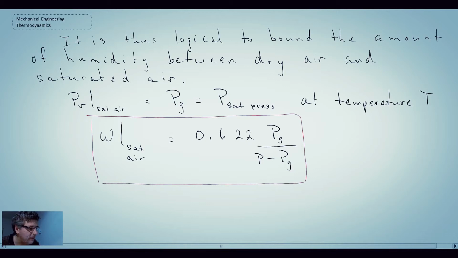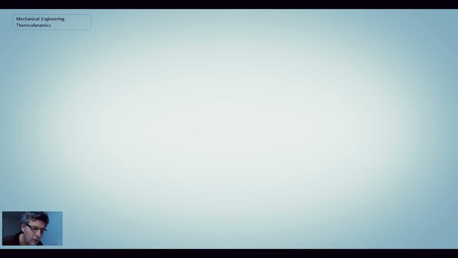Another thing that we will be dealing with is referred to as being the relative humidity. And this is quite often what you'll see quoted in the evening news when they're talking about the weather conditions.